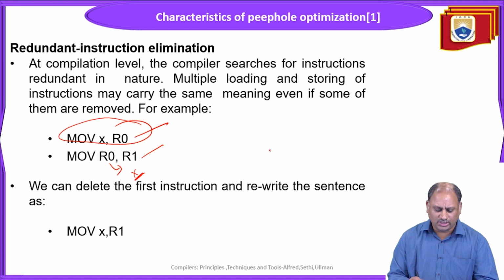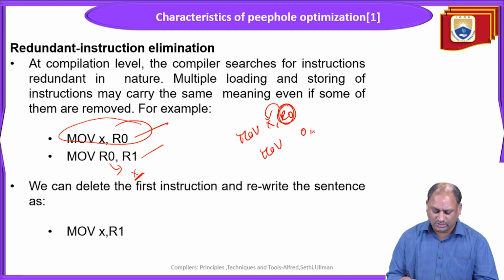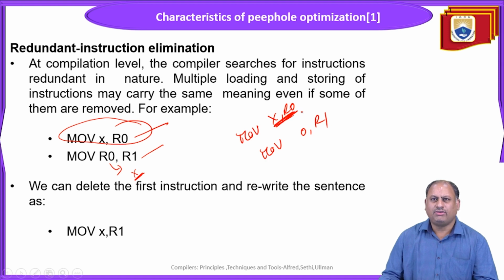So move x comma r0 means the contents of the register are available in x. Here r0 is x only, so in move r0 comma r1, the contents of x and r0 are both available.